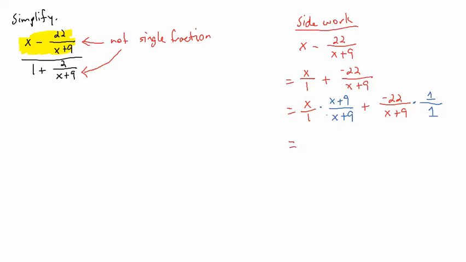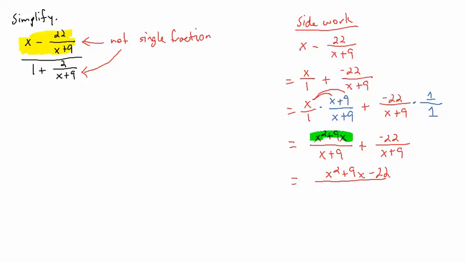All right, then my first fraction becomes x squared plus 9x on top over x plus 9. My second fraction becomes, well, negative 22 on top over x plus 9. And then when I add my numerators, I get x squared plus 9x minus 22, right?